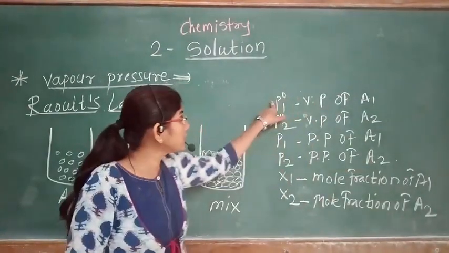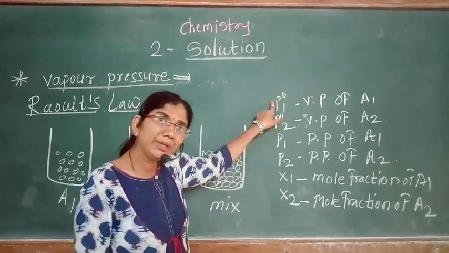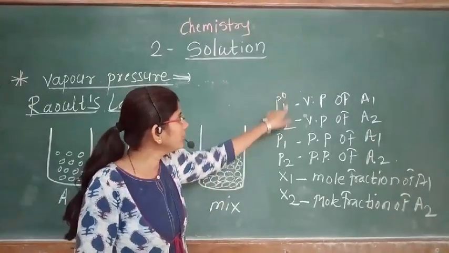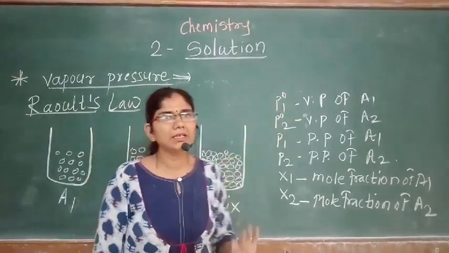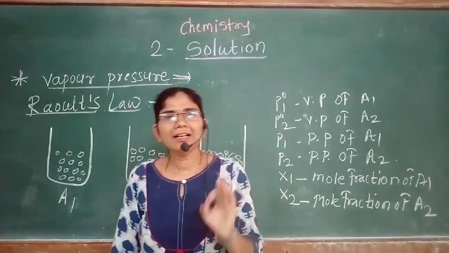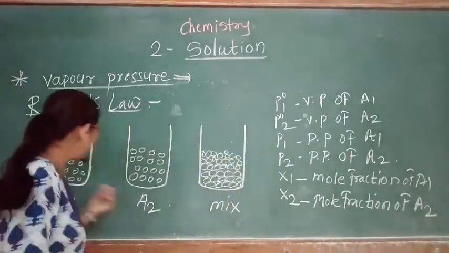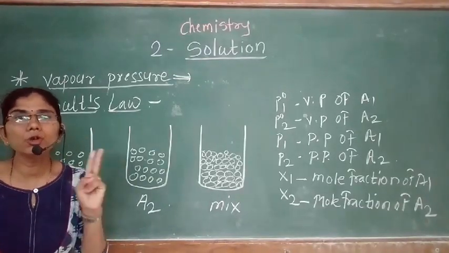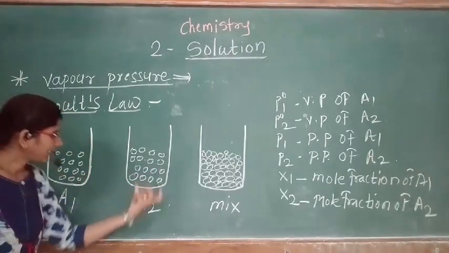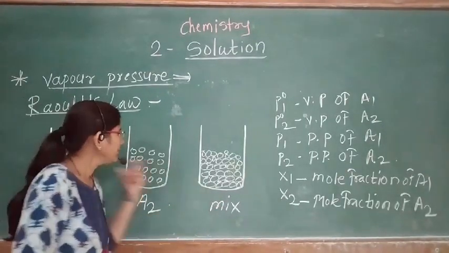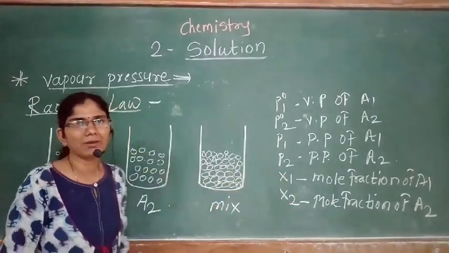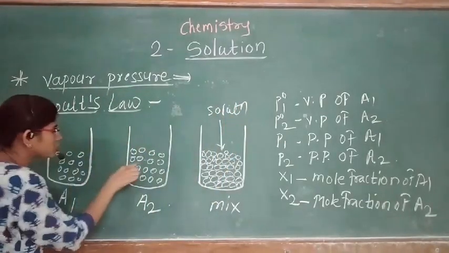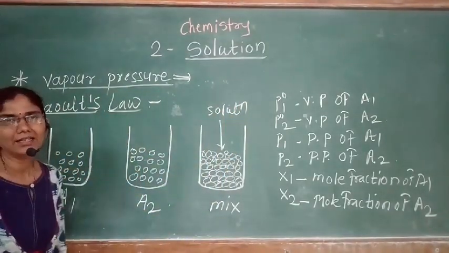Let P01 be the vapor pressure of the volatile component A1. This is the mixture of these two volatile components, that means a solution of A1 and A2.